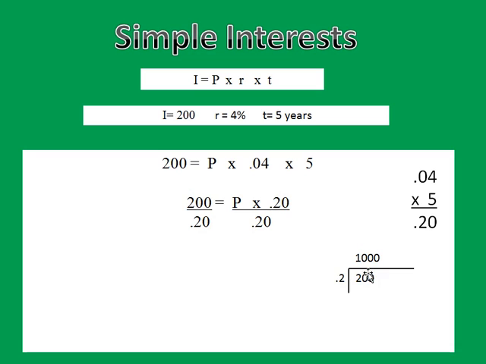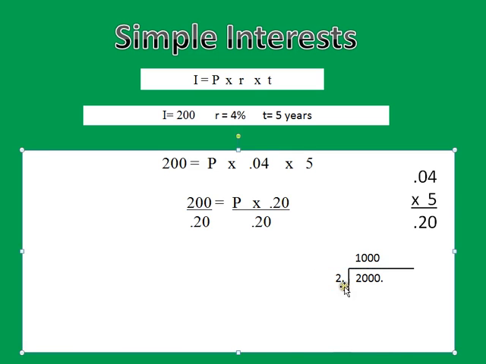Now, before I divide my 200 by 0.20, I'm going to have to move this decimal over to this side. 2 point, really nothing. And if I do that, well then I have to move a decimal over inside too. I don't have a decimal there, so the decimal comes after the last 0, but to move it over I have to add another 0, then put the decimal.